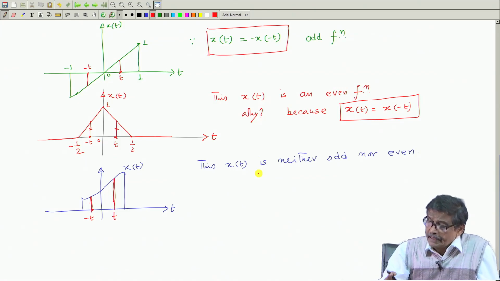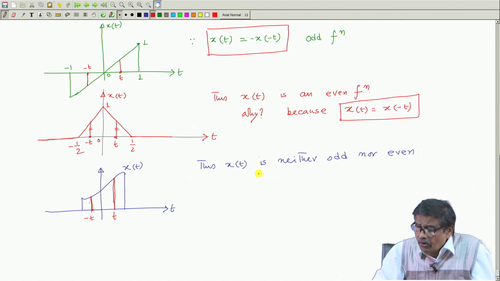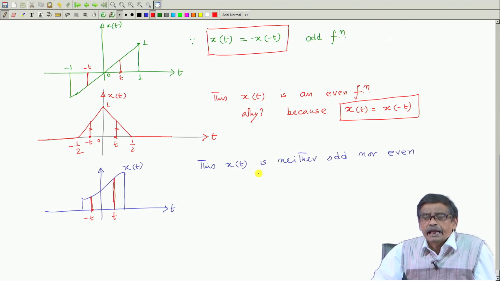However, any function which is neither odd nor even can be broken up into two functions, as a sum of two functions, of which one will be even, another will be odd.